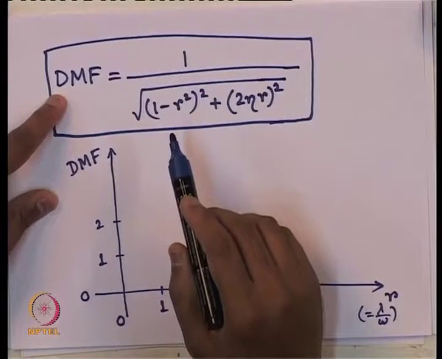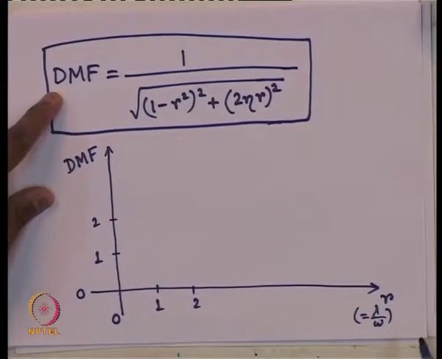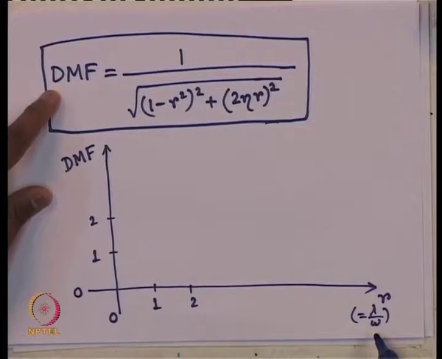What does it mean? When r is 0, when can it happen? Omega cannot be 0. As I said, the natural frequency of the system cannot be 0. The possibility of r equals to 0 means lambda is 0. That means, there is no externally applied dynamic load.